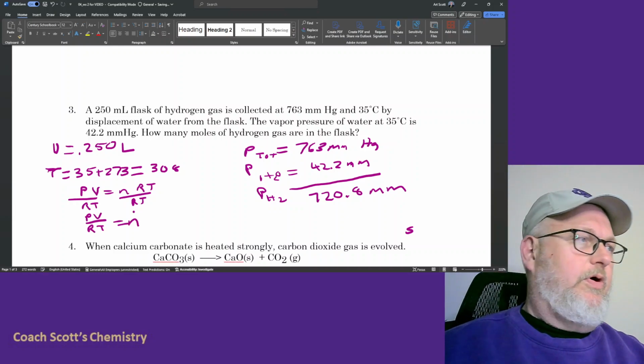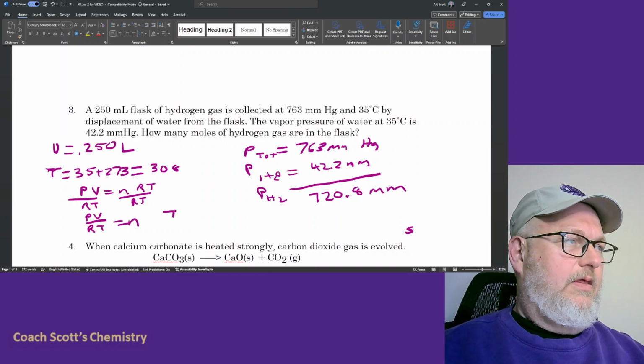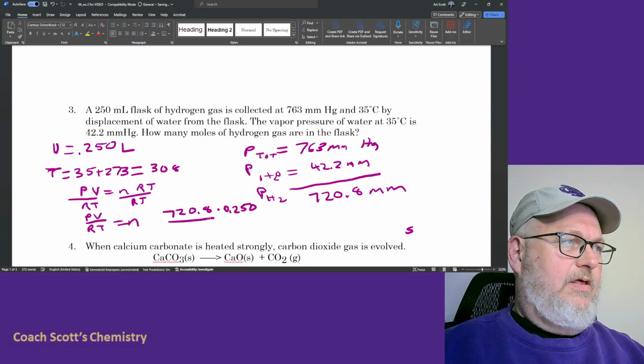So pressure is what? 720.8. Volume is 0.250. My R is 62.4, and I can go to the top if I wanted to check that.